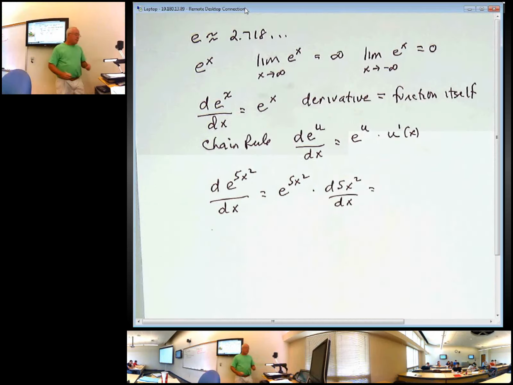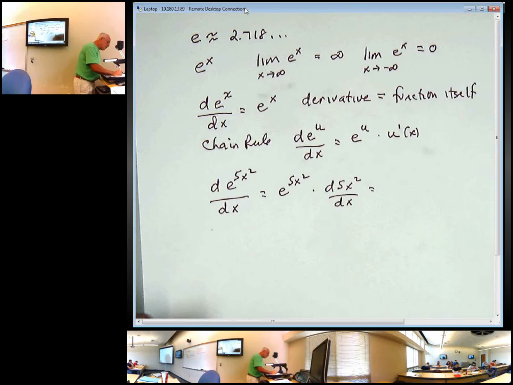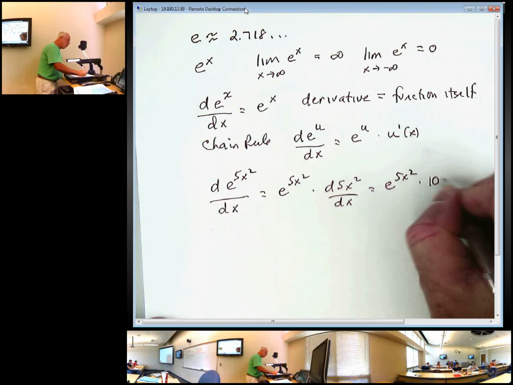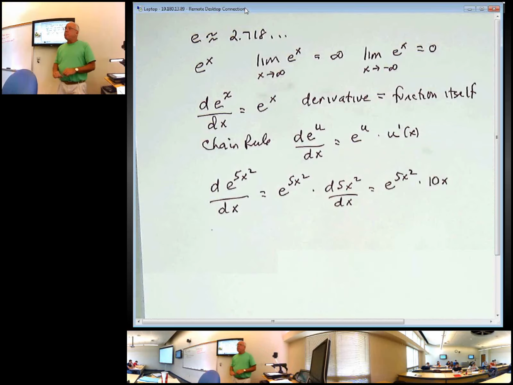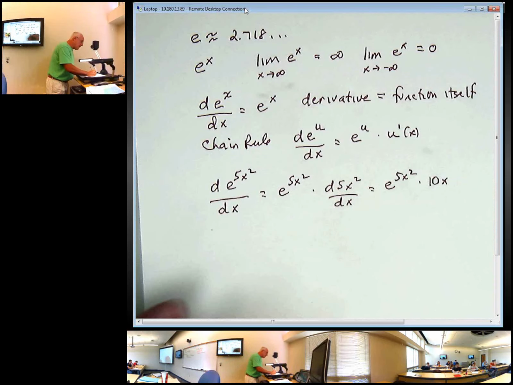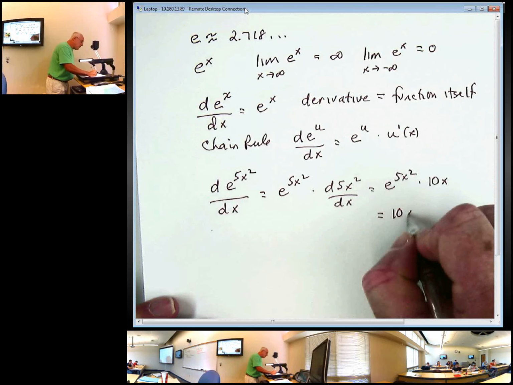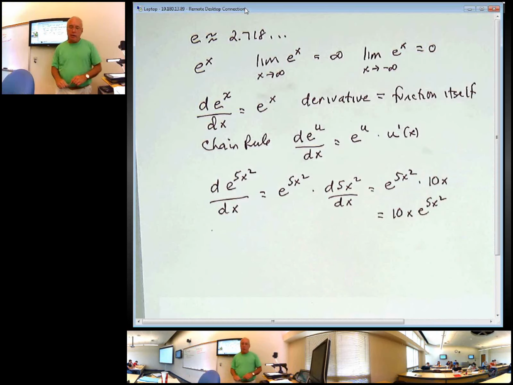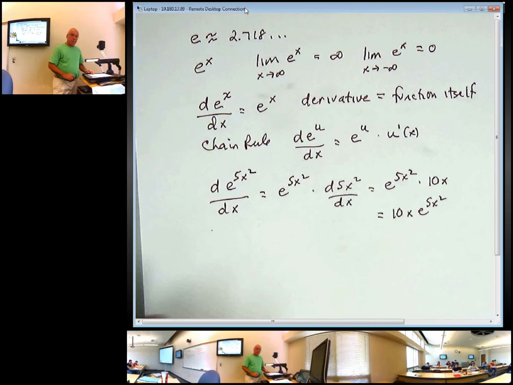So this gives us e to the 5x squared times 5 times 2 is 10. Lower the exponent, we get 10x. Or we can write it as 10x times e to the 5x squared, like that. Right? Okay. We okay with that example?